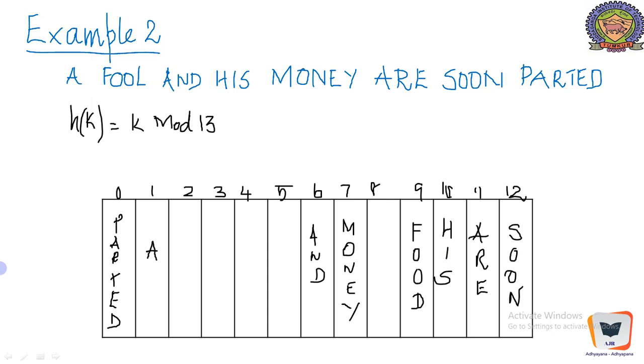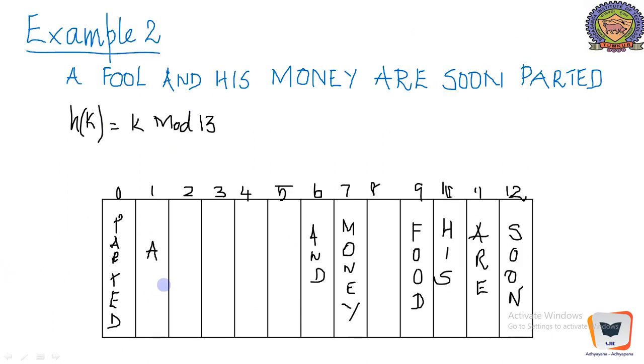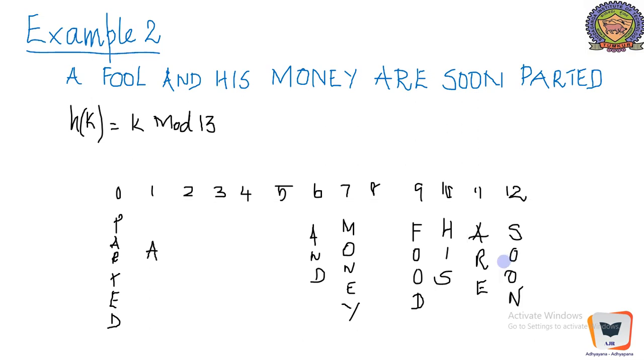Anyway, deletion is not a straightforward thing, because let us say if R is deleted, then we search for soon. If soon is searched, the hash value will be 11 for soon also, therefore the searching will bring the probe over here, and upon looking at the cell being empty, the algorithm may decide that soon is not there. The same thing can be extended here also.